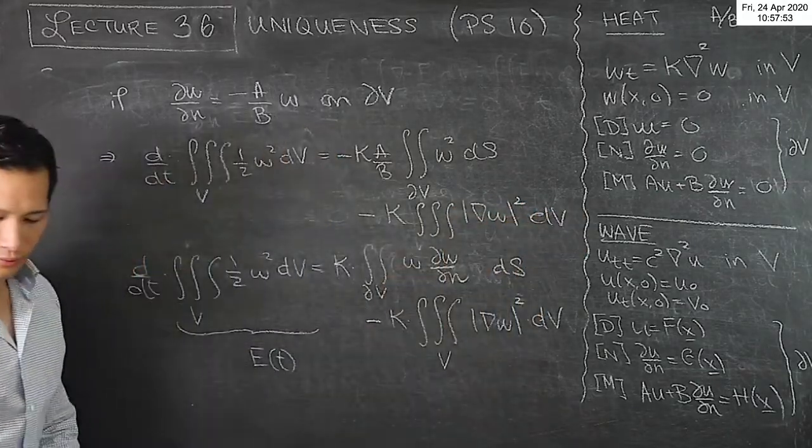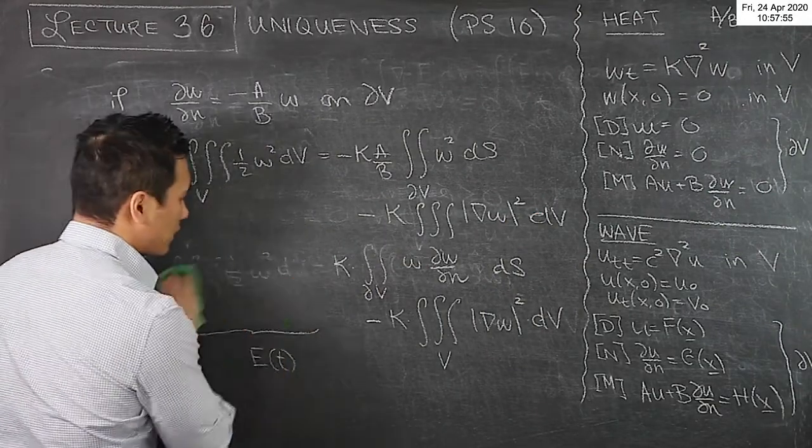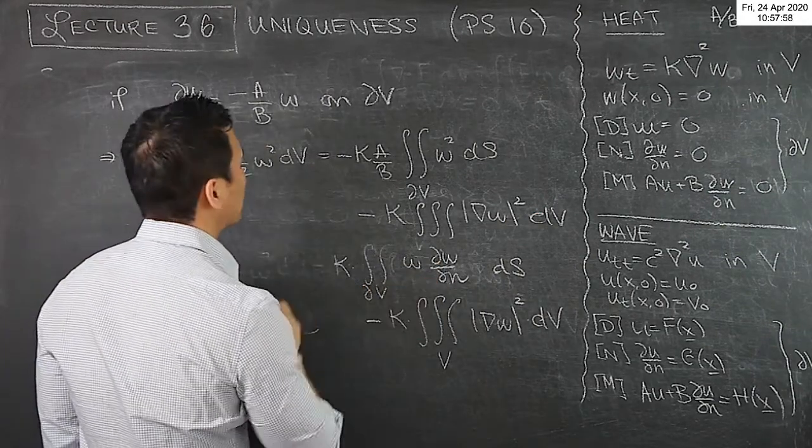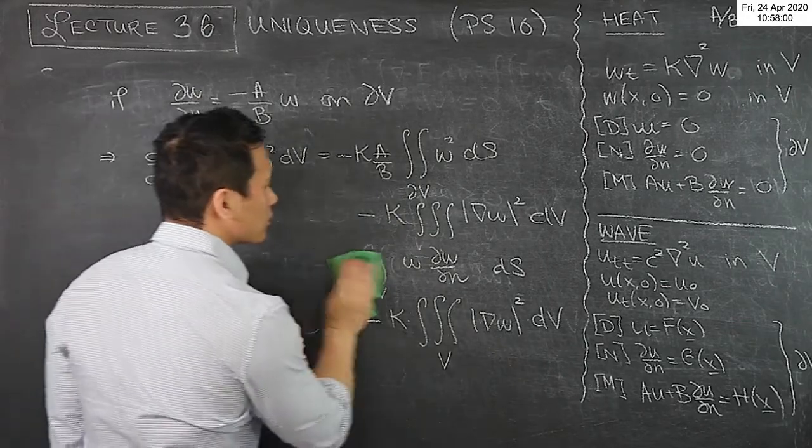So we've simply made the substitution for this component of dw/dn using the mixed boundary condition.